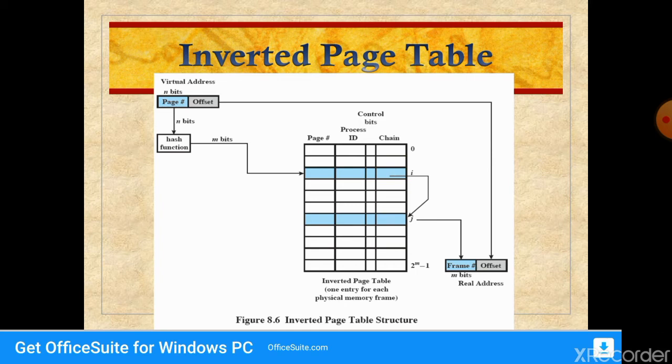If any other page number, for example page number 9, also leads to hash number 3, then that particular entry is already filled, so a new location is allocated for it.